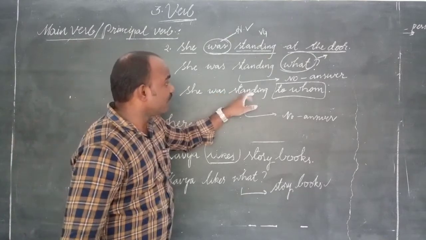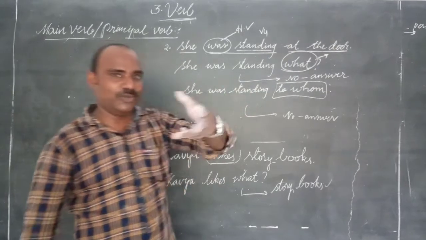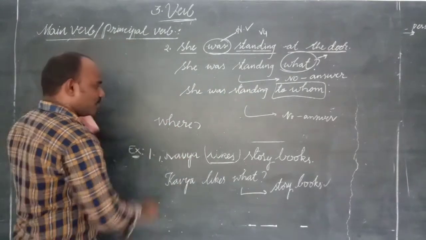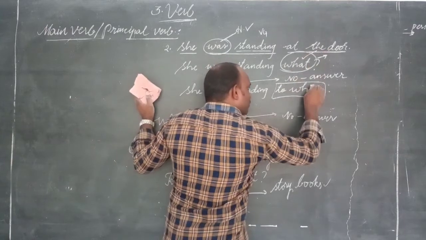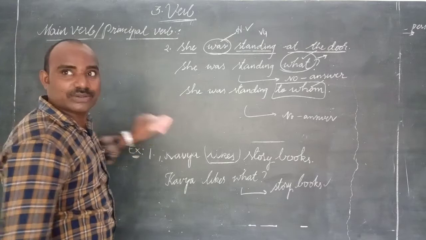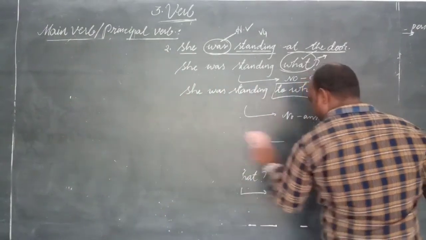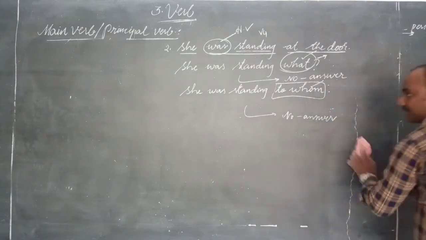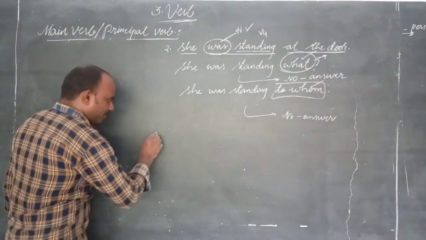She was standing where? At the door. We have an answer, but we should not question with where. We should question with only what or to whom. If you get an answer, that can be transitive, or else it can be intransitive. So this is the way. We see one more example. Third example.